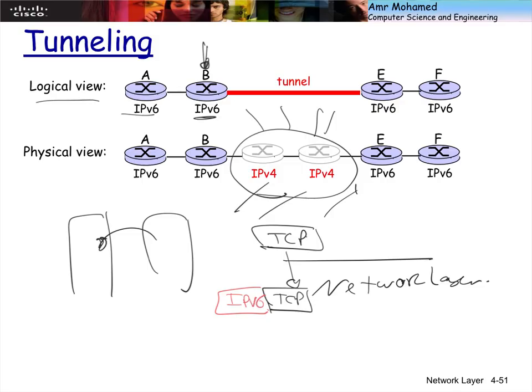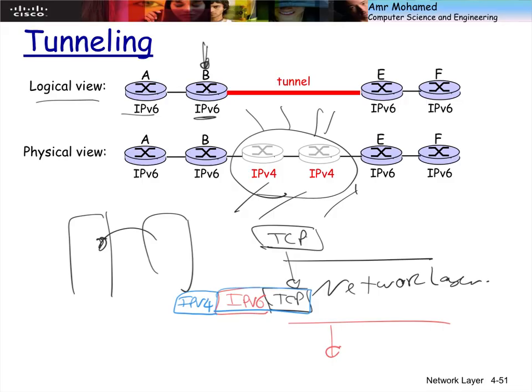Then we send it down. Tunneling says, no, before you send it down, do another encapsulation. Encapsulate an IP version 4 header, and make this the same payload.